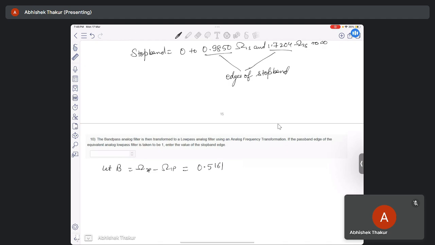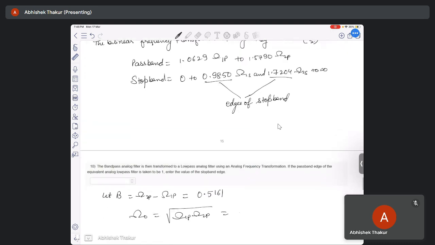Okay, and omega naught is given as the square root of omega 1p and omega 2p. So our omega 1p is 1.0629 into 1.5790. So the value of this square root will be 1.2955.